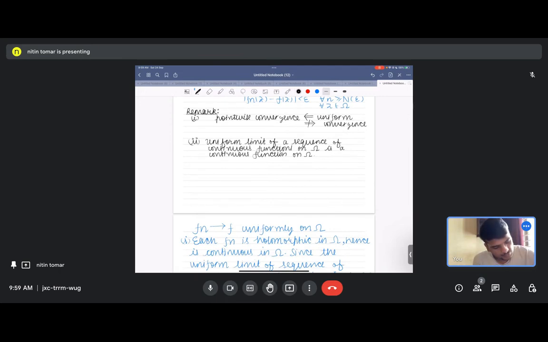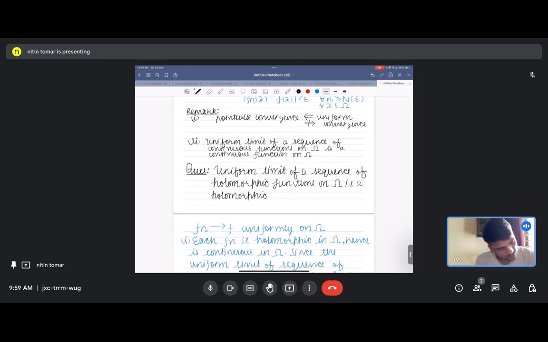Now we prove. So what we have been asked to prove in the question is that the uniform limit of a sequence of holomorphic functions on omega is again a holomorphic function on omega.